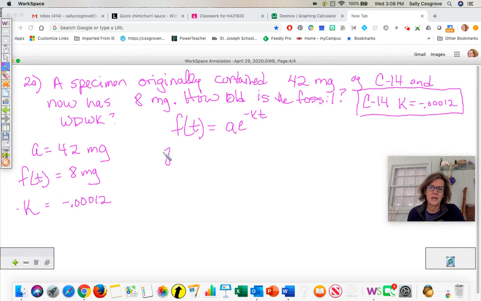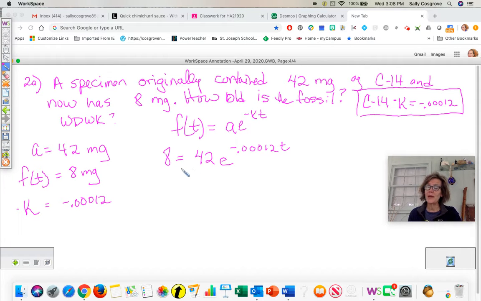So we're going to say 8 equals A, that's 42, times E to the negative K, so negative 0.00012 times T. Let me write it that way. Negative K equals negative, right?